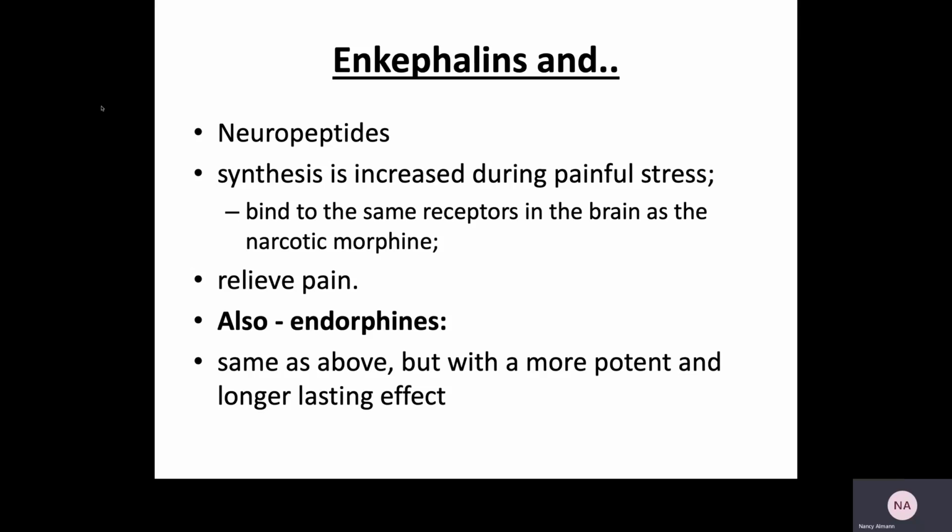For enkephalins, when you are undergoing painful stress, you will produce increased amounts of these. They actually bind to the same receptors that morphine binds to, and they will relieve pain. Endorphins are similar to enkephalins, but they are more potent and they have a longer lasting effect. If you are a runner or an endurance athlete, I am sure you have heard the term endorphin high. And that's why you get it.